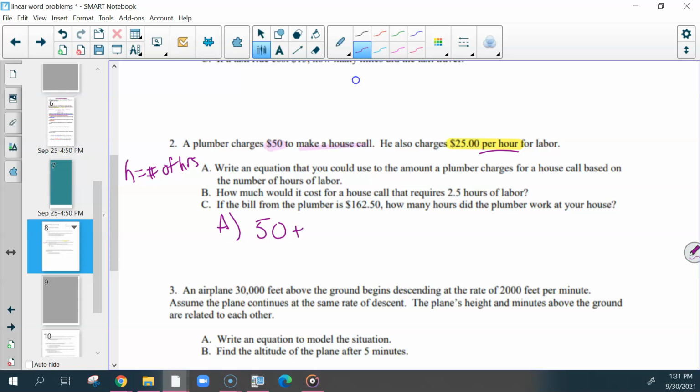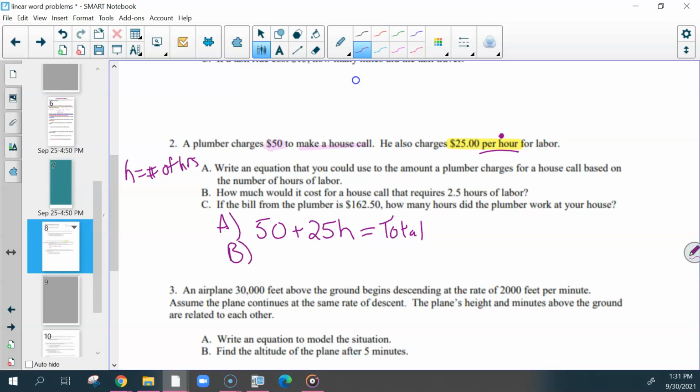But if they do end up staying for an hour or more, they're also going to charge you 25 for each hour. So per hour, for each, both of those mean multiply. And whatever that would be would equal the total. We could put in the number of hours worked and find the total.